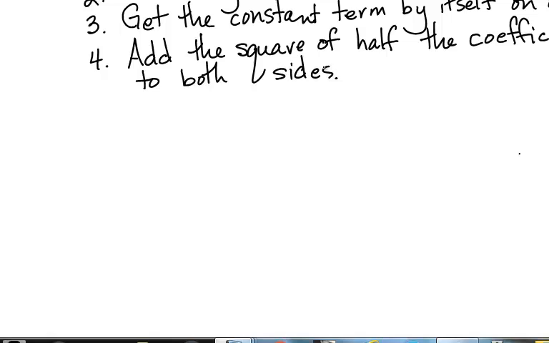I mean both sides of the equal sign when I'm saying that. Okay, what that just did was that created a trinomial square on one side.